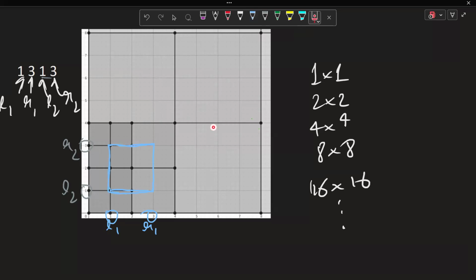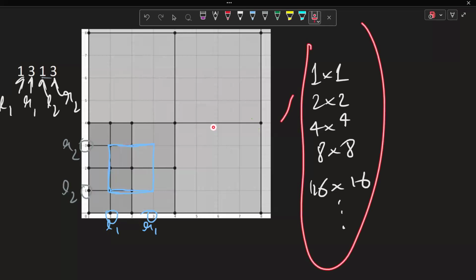Okay, so as input, you are given some rectangle, not a square. A rectangle ranging from L1 to R1 in x coordinate and L2 to R2 in y coordinate. Now you need to find a combination of squares.